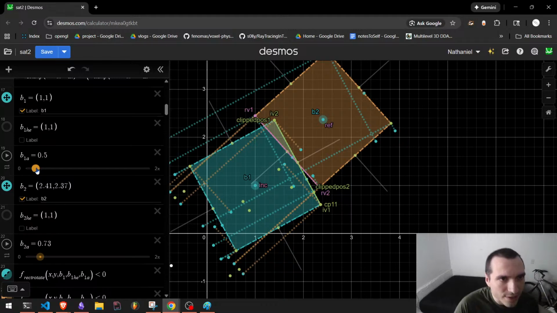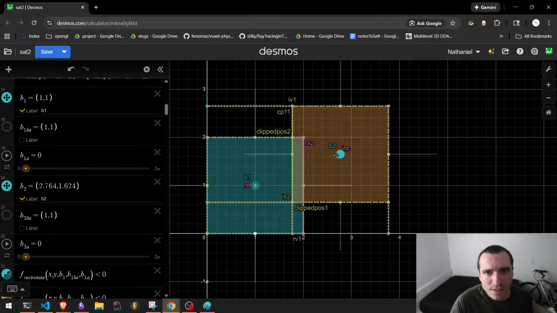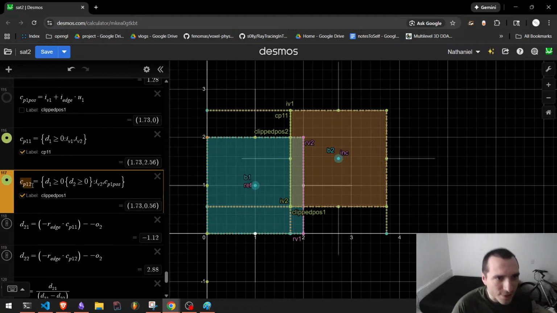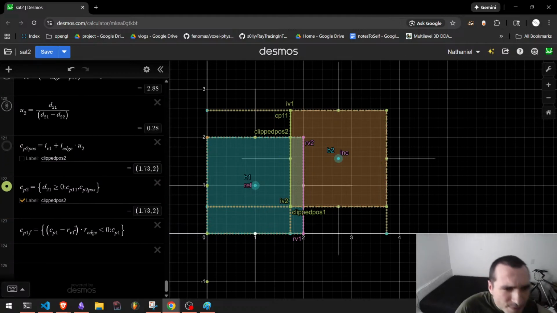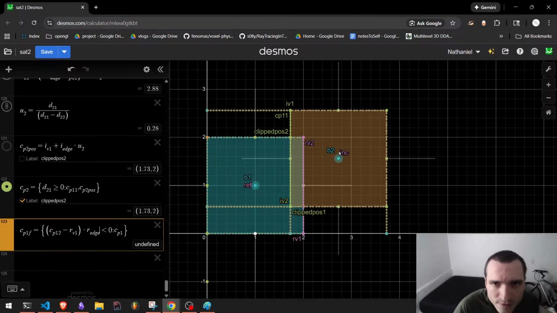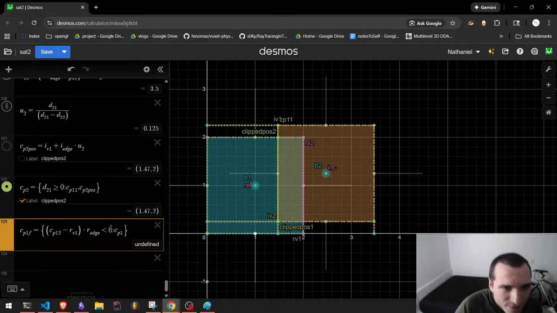let's just undo the rotation. Clip pause 1, clip pause 2. Take CP1, 2. Okay, and I think I had it backwards. It's going to be greater than 0?